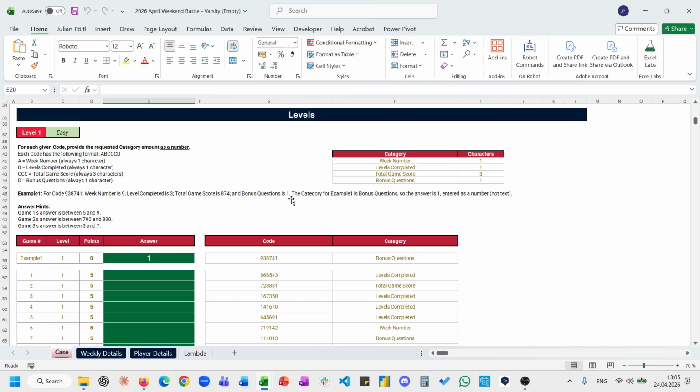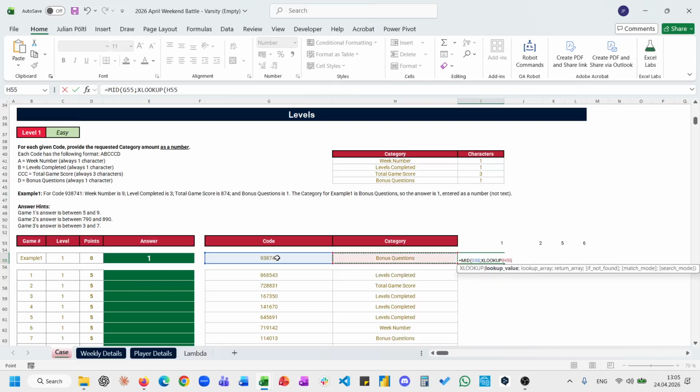Provide the requested category as number. Oh, easy. Characters 1, 2, 5, 6. MID here for this text.